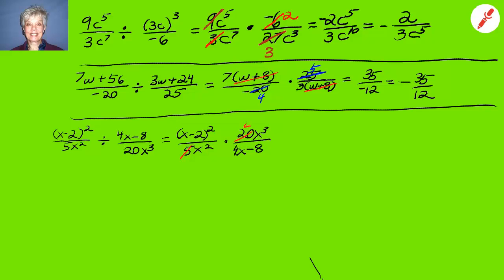5 goes into the 20 4 times. And x squared goes into x cubed x times. Well, it's x to the 3 minus 2, so it's going to be x. Okay, we've got x minus 2 times x minus 2 in the first numerator.